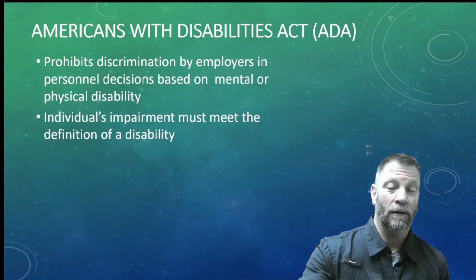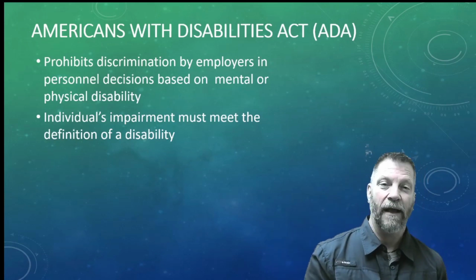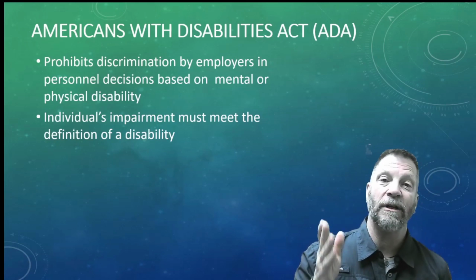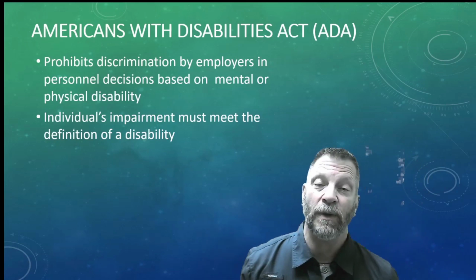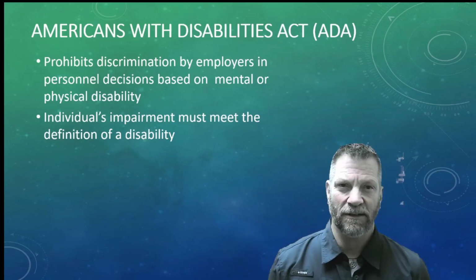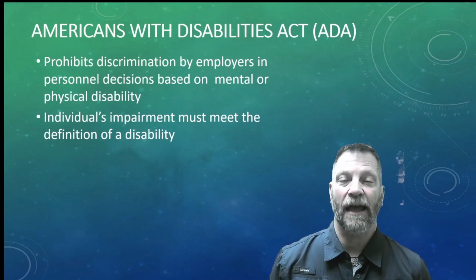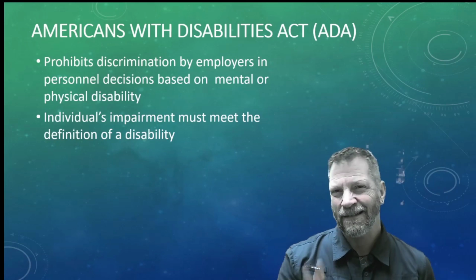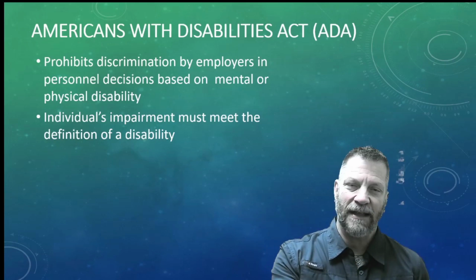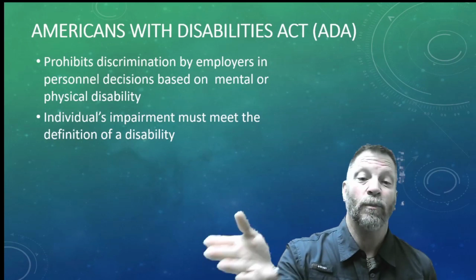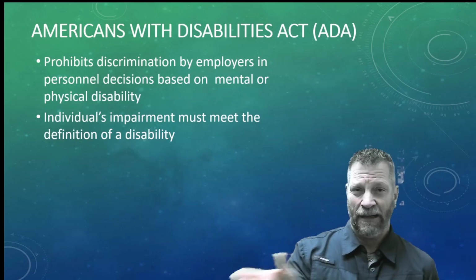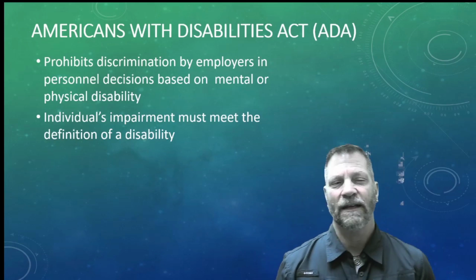To go another step with number three, regarded as having: if you have a disability, but you don't want to be treated any differently than other people, but they treat you differently because of your disability, you can file a complaint with the ADA. All right, so that one's kind of two-sided. If you don't have it, but you're being treated that way, or if you do have it, but don't want to be treated that way, then there's that individual regarded as having a disability.